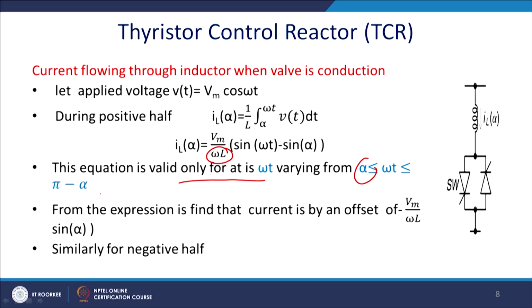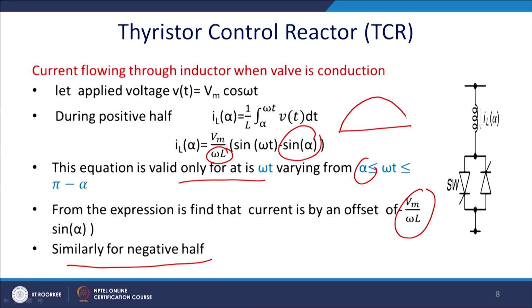From this expression there is an offset current, whose value is minus Vm sin alpha, because there will be a term associated with it. Of course, if alpha equals 90 degree, then this will be 0. Similarly it follows from the negative half.